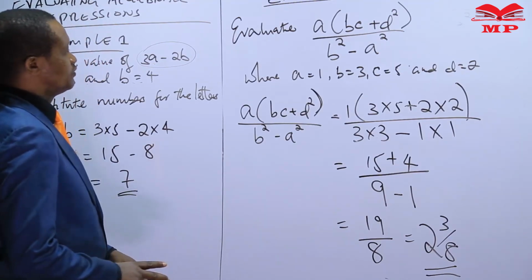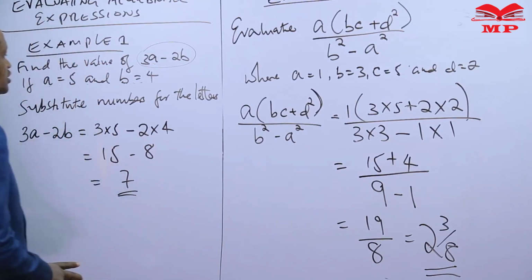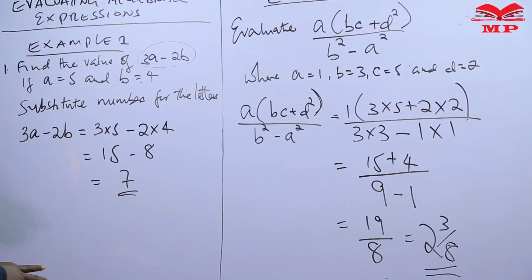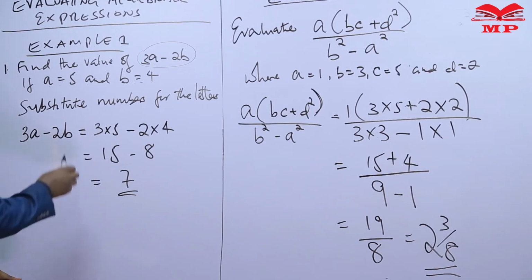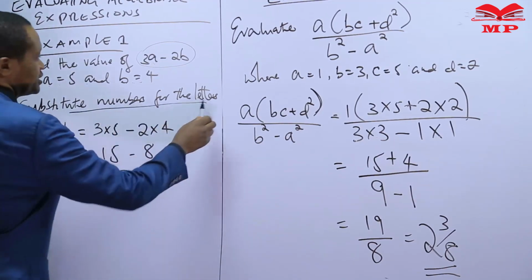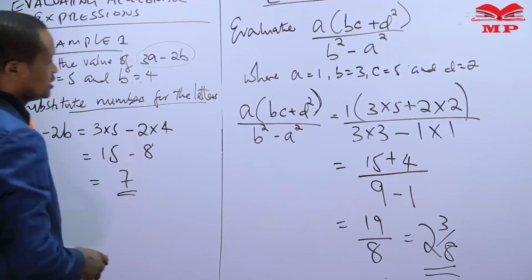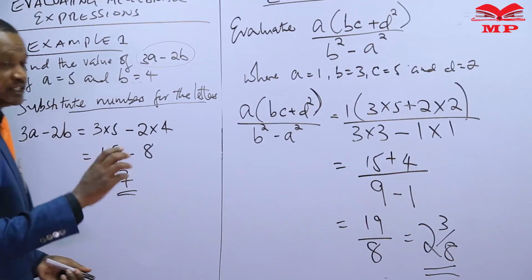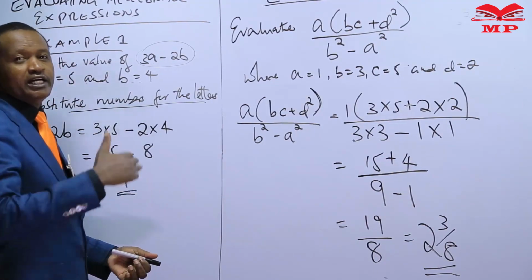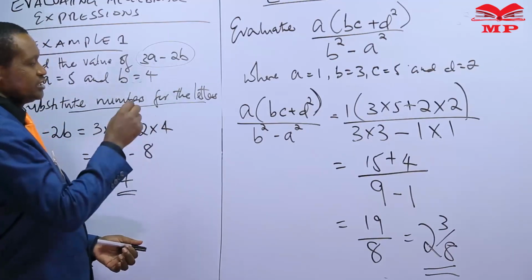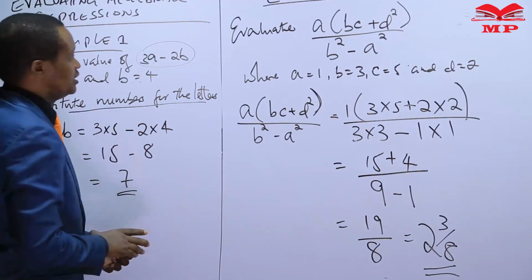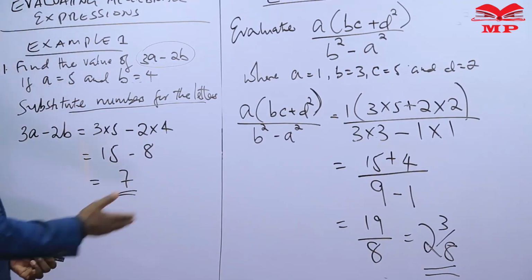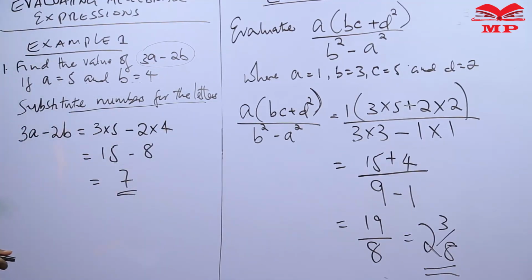When you have been provided with an algebraic expression and you need to know its value, we simply substitute the numbers for the letters. That means where there are letters, you insert the numbers provided in the question, then you simplify.